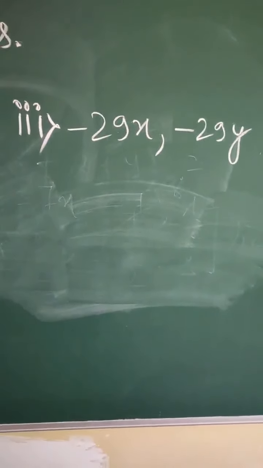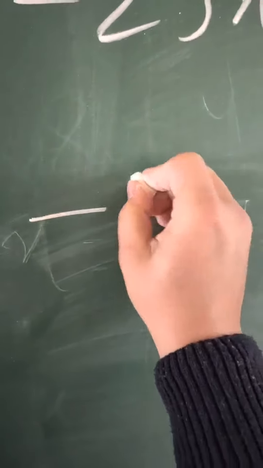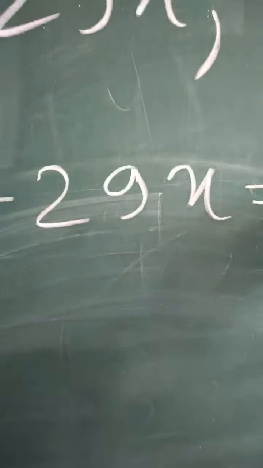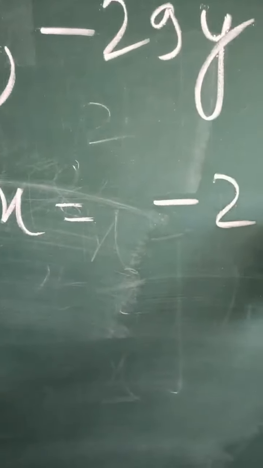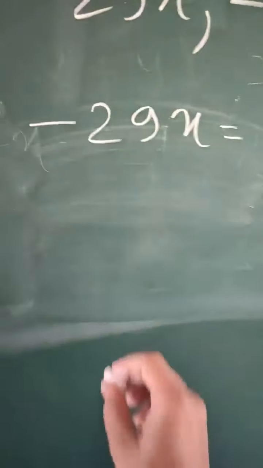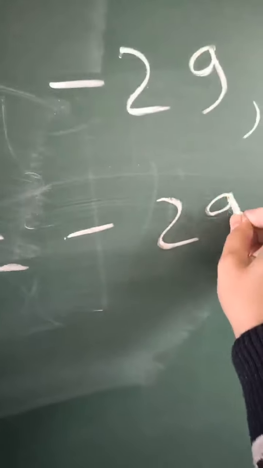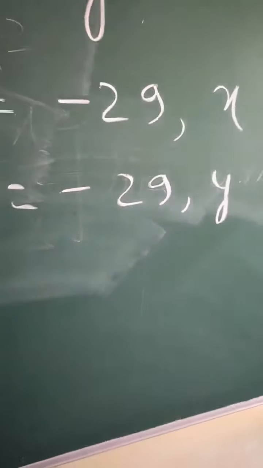Proceeding to question number 3, we have minus 29x, comma, minus 29y. The factor of minus 29x will be minus 29 first of all, and then x. And minus 29y is minus 29 and y.